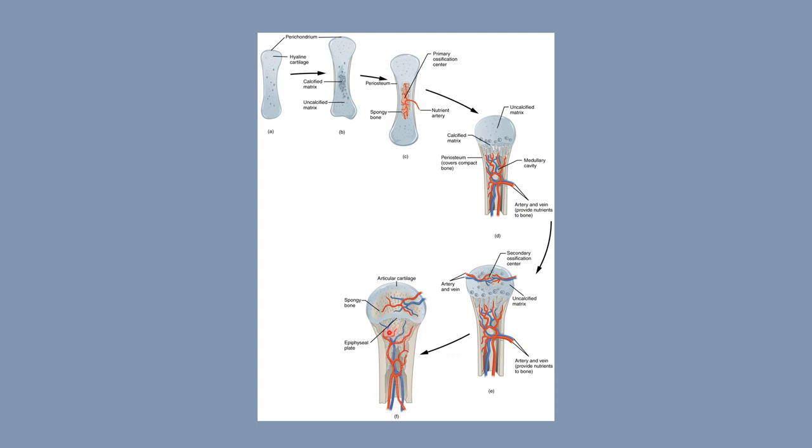You've got spongy bone here, and right along there, where the diaphysis and the epiphysis meet, is where your epiphyseal plate is, and that is where, after birth, you're going to continue to have this ossification, this bone growth occurring. So it starts during fetal development, but it will continue with growth.